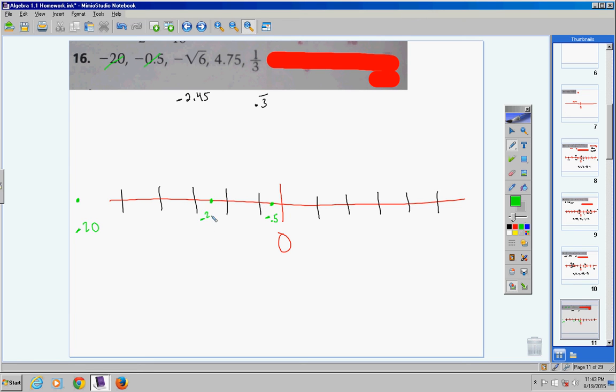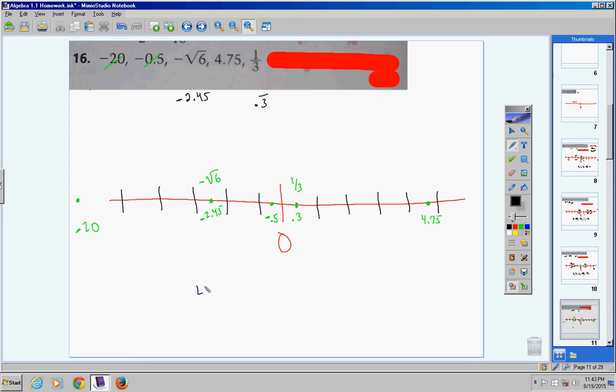Negative 2.45, which is the same thing as negative square root of 6. And then 4.75, 1, 2, 3, 4. And then 0.3, which is about right here, which is 1/3.